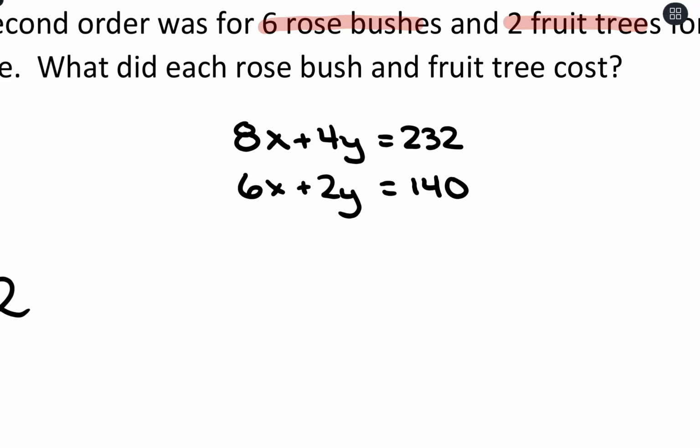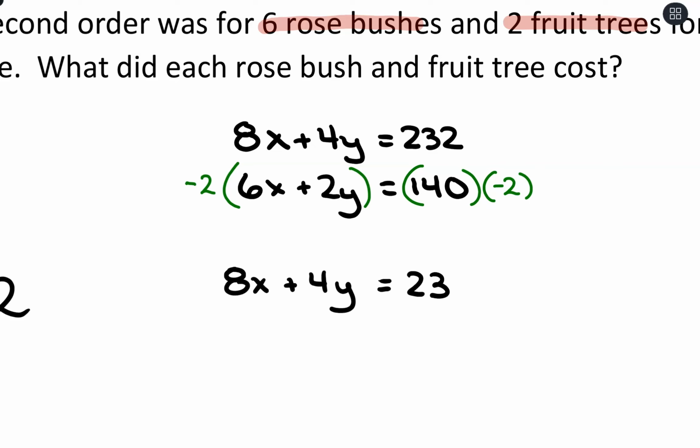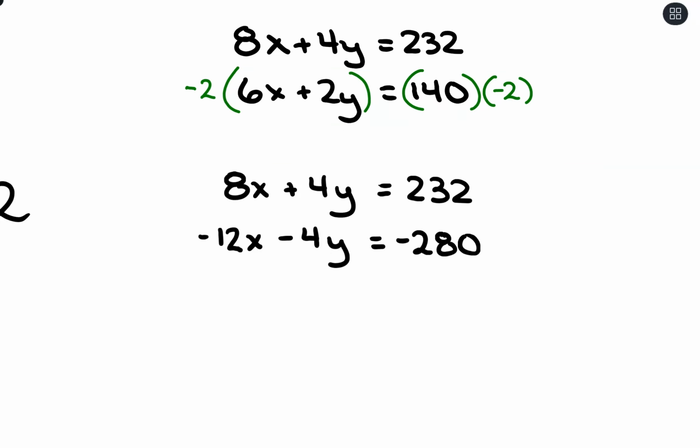I'm going to cancel out those y values. I have 4y and 2y, but let's go ahead and multiply by a -2 on both sides so that I have 8x plus 4y equals 232. And then distributing the -2, we'll have -12x minus 4y equals -280.